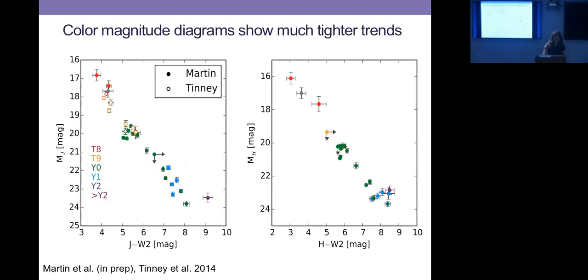If we look at the color magnitude diagrams, here I've got absolute J and absolute H versus J minus W2 and H minus W2. You can see that there's a much tighter trend here.